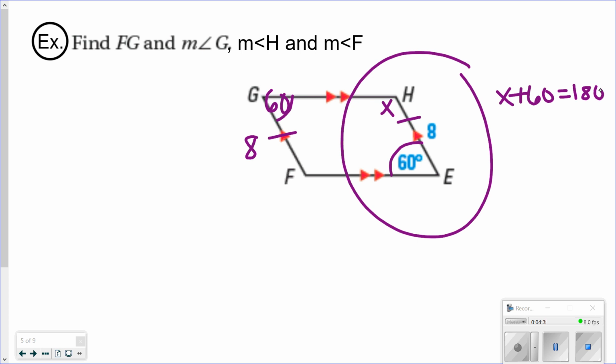Subtract 60 from each side, I end up getting that X is equal to 120. So H is 120. So what is the measure of angle F? Well, angle F would also have to be 120 because they're opposite angles of each other.